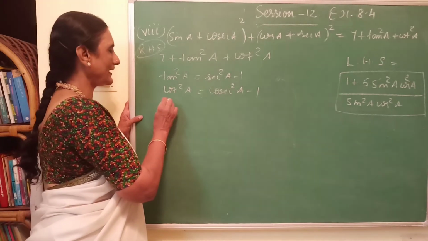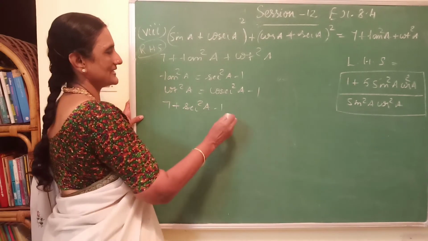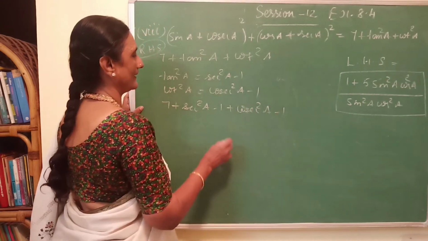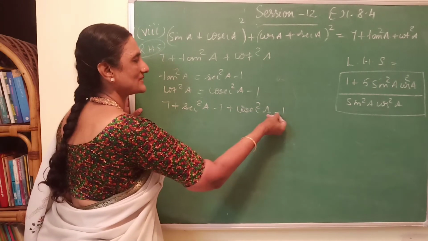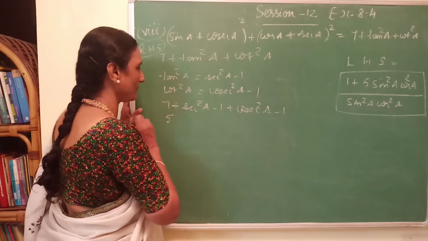So I get 7 plus secant square A minus 1 plus cosecant square A minus 1. Negative number, minus 1 and minus 1, minus 2. Obviously 7 minus 2 gives you 5.